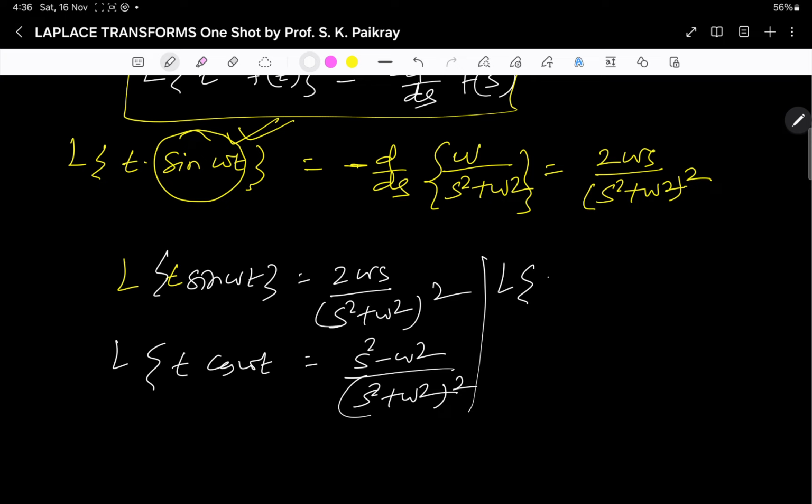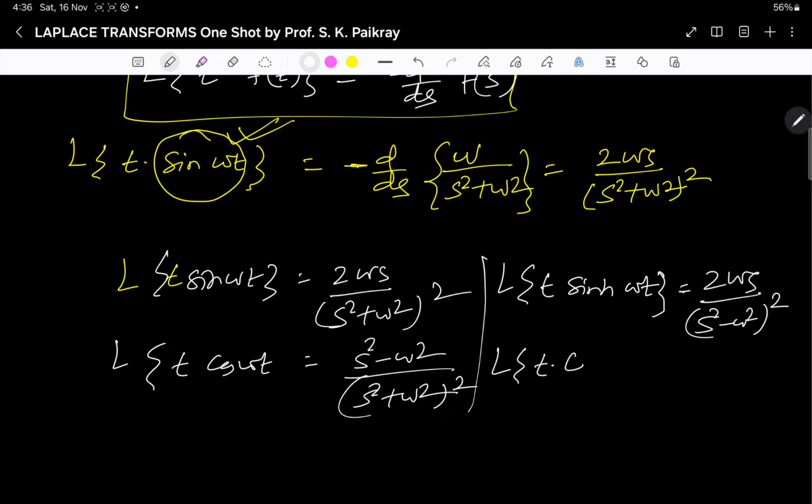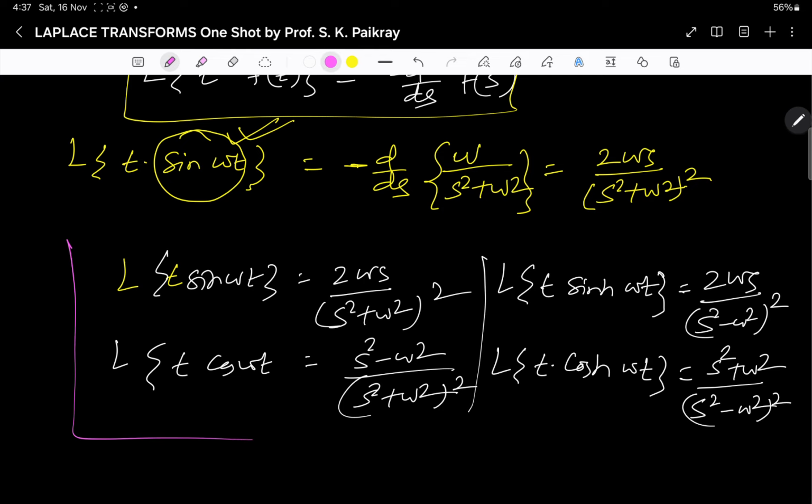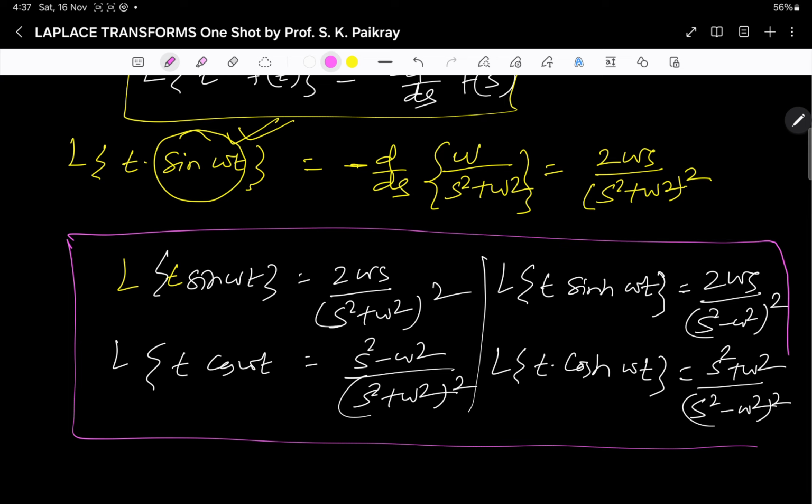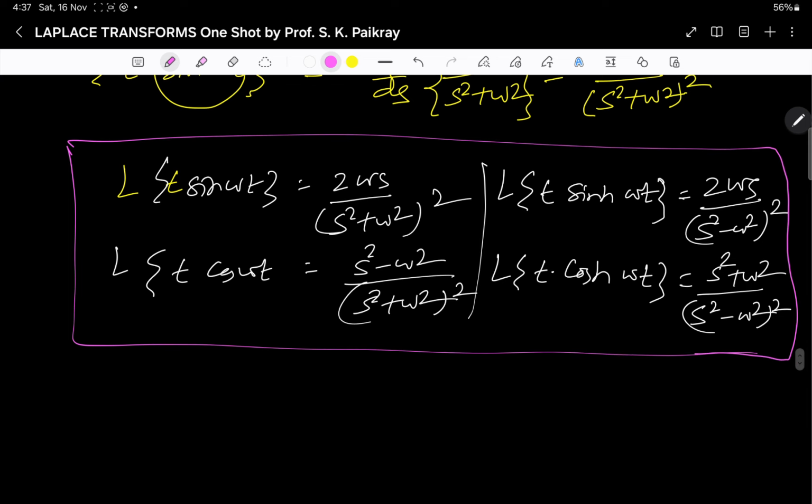Similarly, Laplace transformation of t sin hyperbolic omega t will just be negative here. It is 2 omega s by s square minus omega square whole square. Similarly, Laplace transformation of t cos hyperbolic omega t, so here minus will be plus, plus will be minus. It is s square plus omega square by s square minus omega square whole square. So you should remember these as formulas so that problem solving will be better.